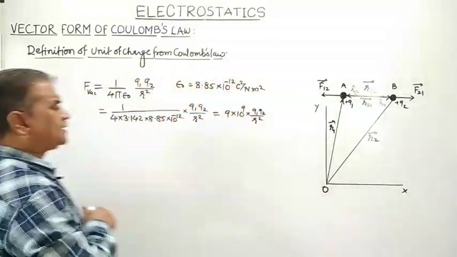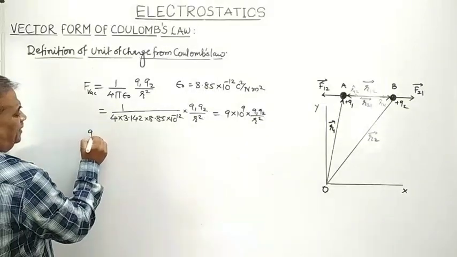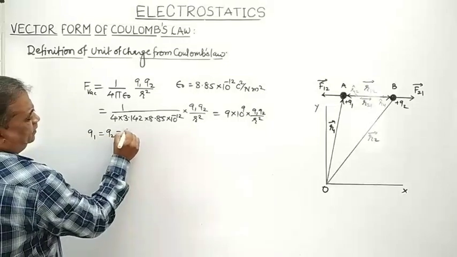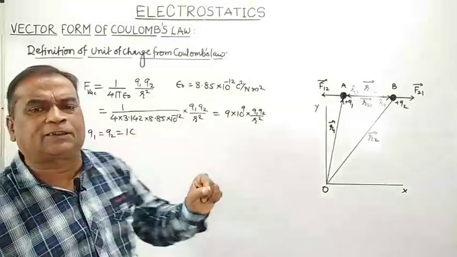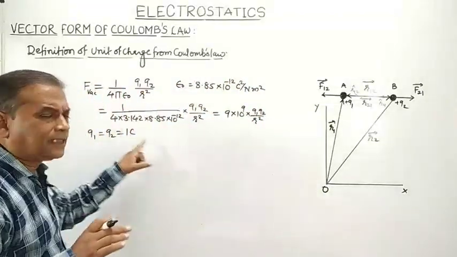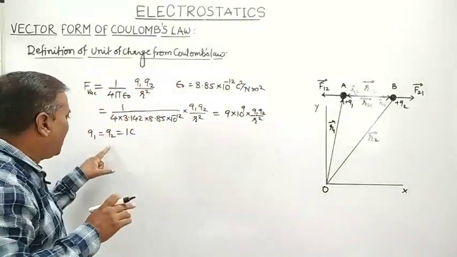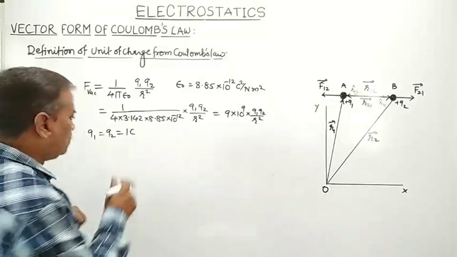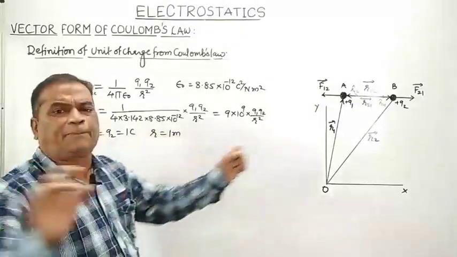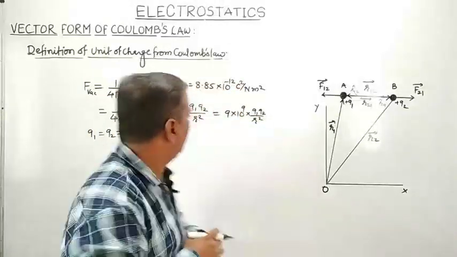Now if I just consider that I am having two point charges, both q1 and q2, and their magnitude is equal to 1 coulomb. Charge q1 is of value 1 coulomb, charge q2 is of value 1 coulomb, and let them be kept at a distance of 1 meter apart in a vacuum.